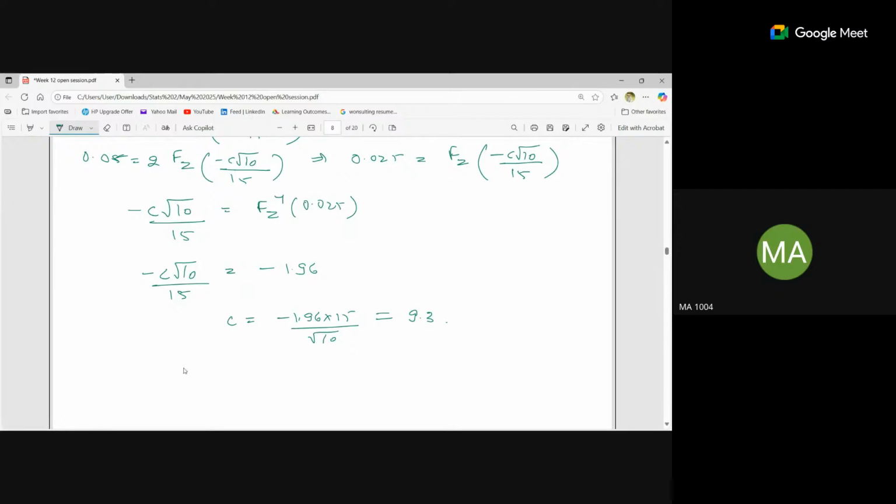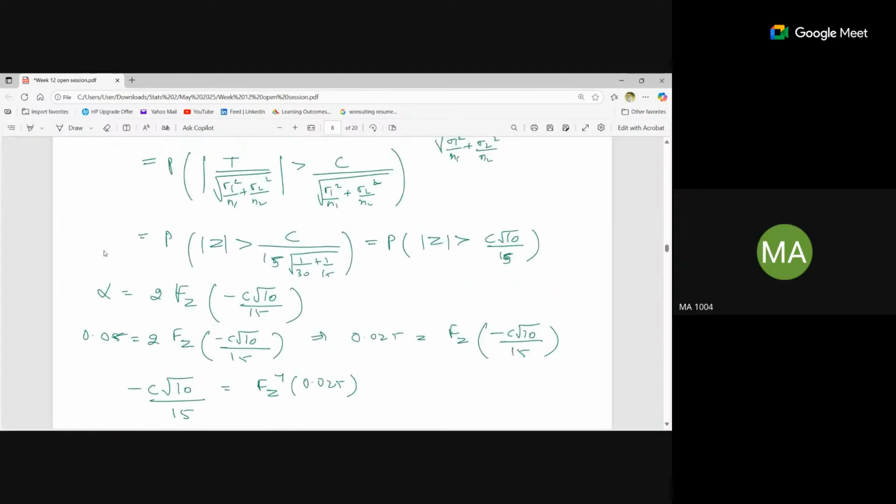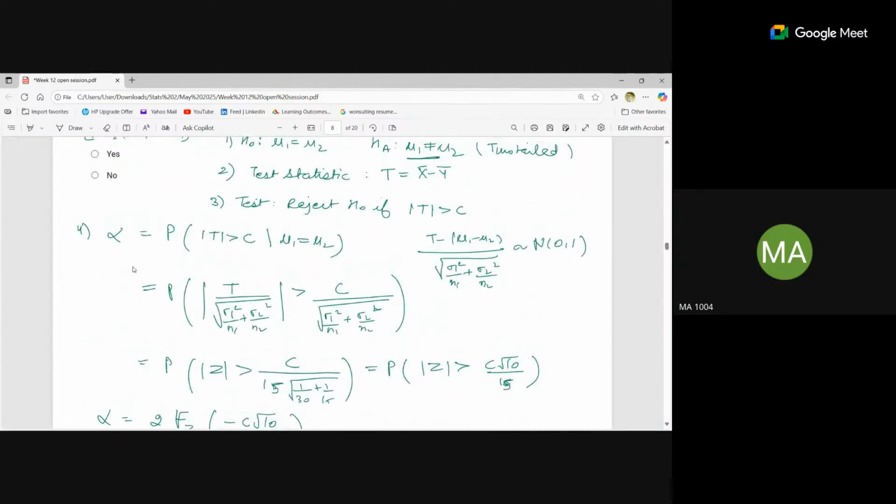Okay. Now, what was my test? I would be rejecting if... when I was rejecting. Yes, modulus of t is greater than c.